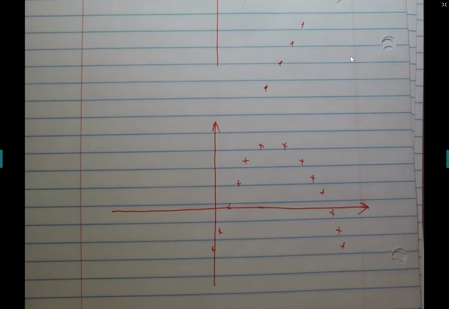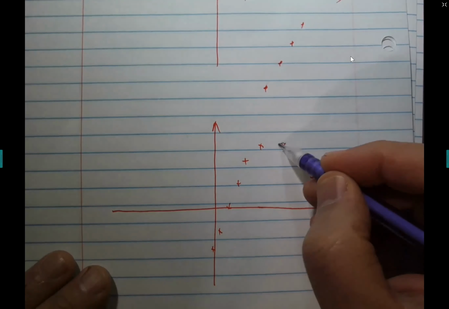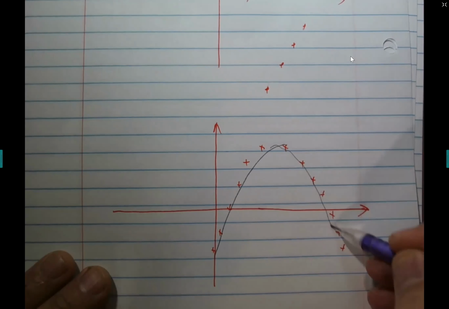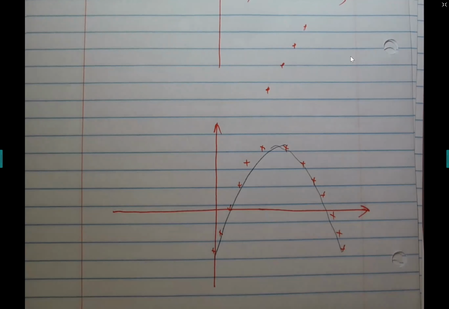Does it look like we can resemble a line situation here, guys? It doesn't seem like it. You see this curve? Look at this curve here. That's not a linear relationship. That's non-linear.